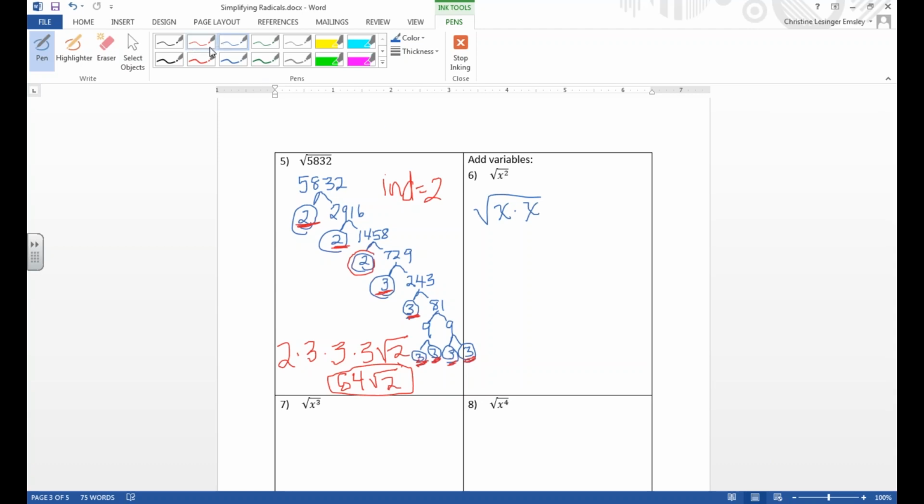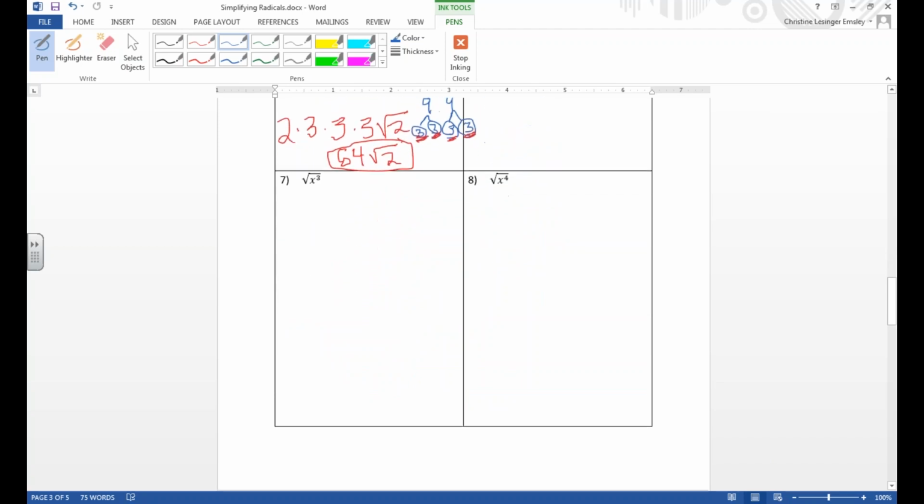So I'm going to write it like that. Our index is 2. That means we are looking for pairs of factors to pull out. Right here we have a pair of x's. One pair means one x comes out of the radical. And there's our simplification. Again, you probably knew that one without doing the work, but I wanted to start with the basics.